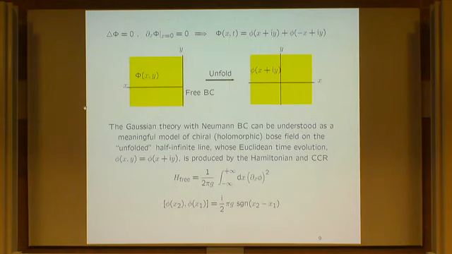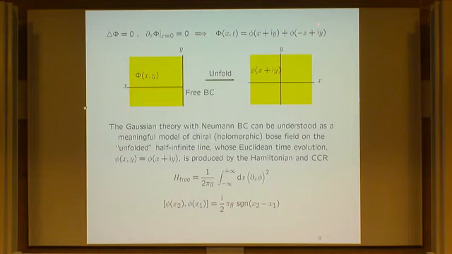And another simple but important fact: the theory with Neumann boundary conditions is basically the Laplace equation with Neumann boundary conditions. You can solve it, right? The equations of motion can be solved, and the solution can be expressed as the sum of holomorphic and antiholomorphic parts.